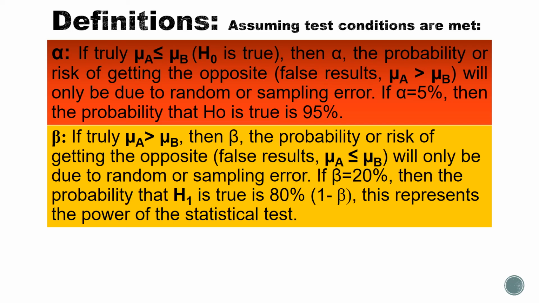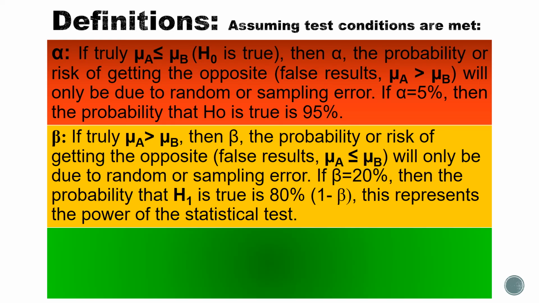The power, our test power. 80% is the ability of our test to actually prove that there is a difference between the two populations. This represents, as I said, the power of the statistical tests.